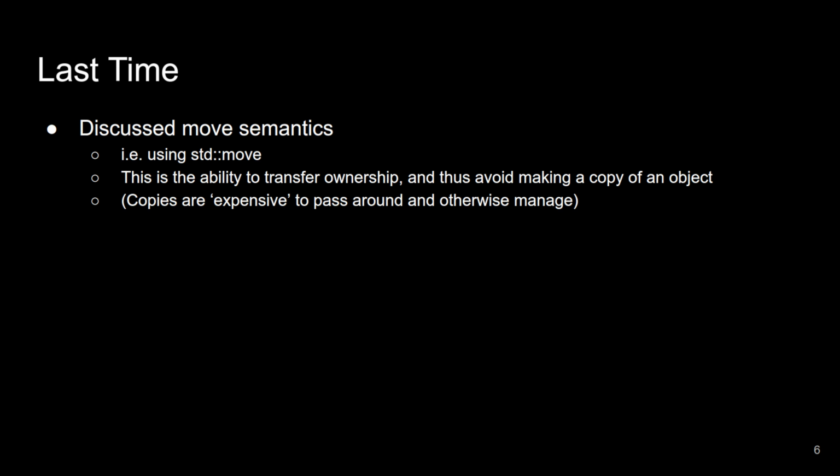Well, in this case, we can construct a new object by moving over the data from an object that has been previously created, and we think of this as transferring ownership, thus avoiding the need to make a copy of an object. So we're literally moving the contents of one object into another. In this case, it might be a pointer that you're reassigning, and so on. But the idea is you're moving the data over, and that's, in a sense, just transferring the ownership to that object.